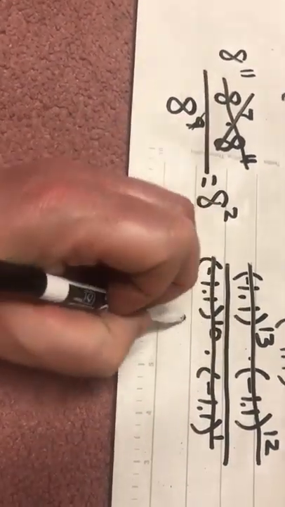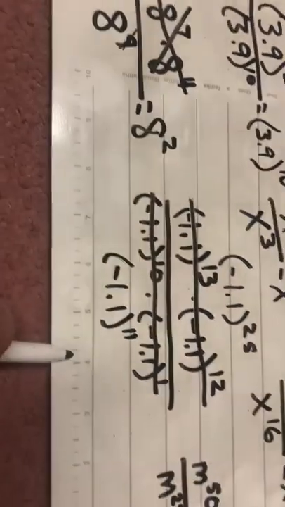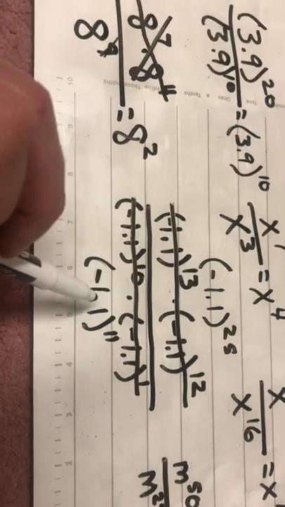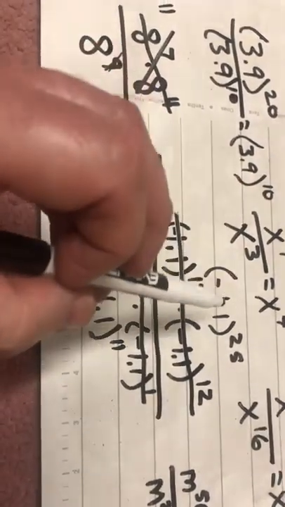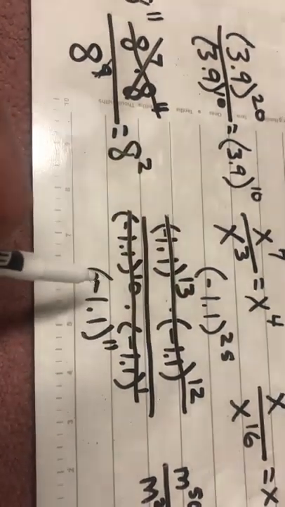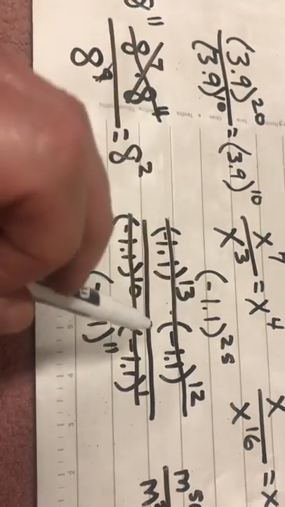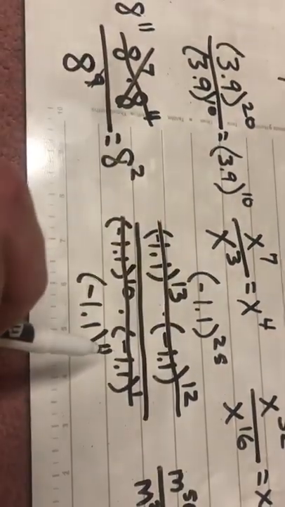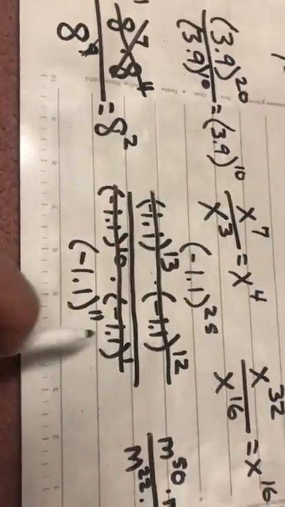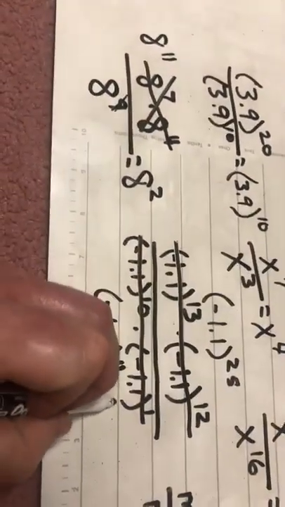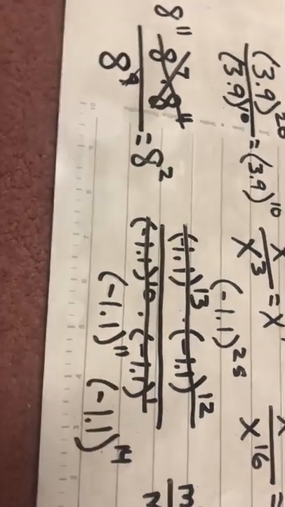I can think of this as negative 1.1 in parentheses to the power of 11. So now it's a division problem. I'm going to do 25 minus 11. They have the same base number, negative 1.1, so it's just 25 minus 11. Well, 25 minus 11, if I know how to subtract, equals 14. So I think that this is going to be negative 1.1 to the power of 14.